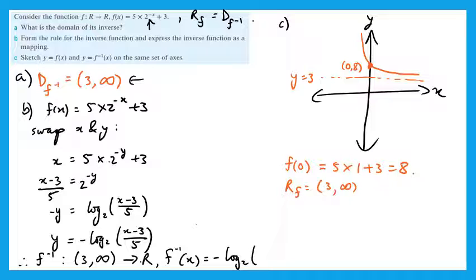I might rewrite this actually. I'm going to use a log here and separate this. So we have negative log 2 of (x minus 3), plus log 2 of 5.